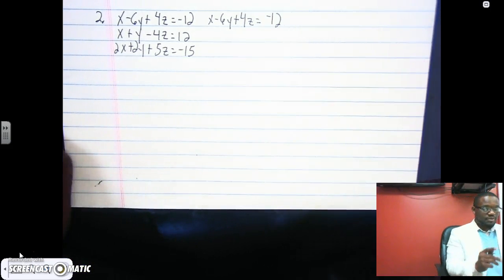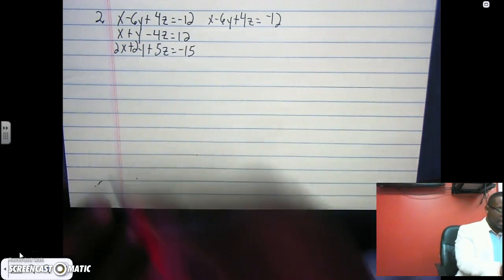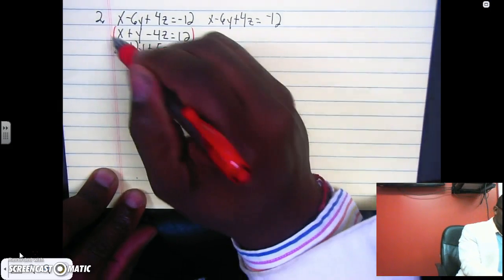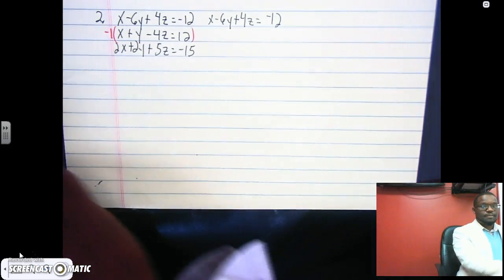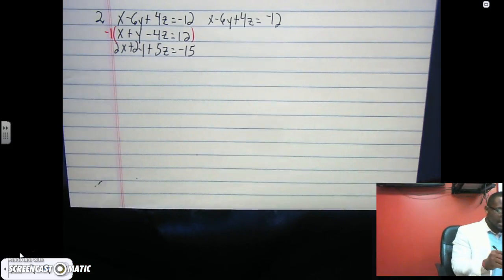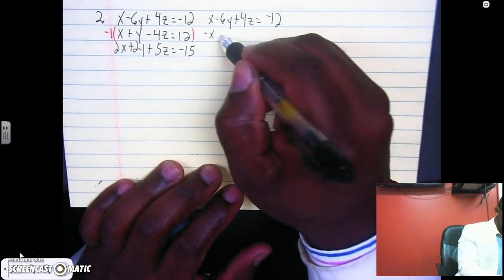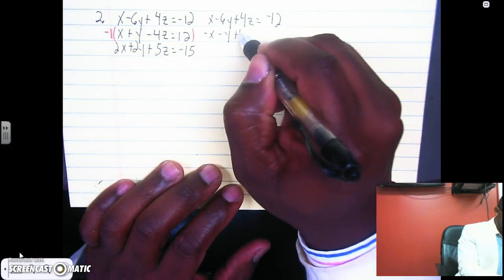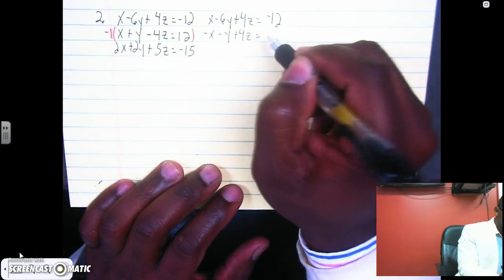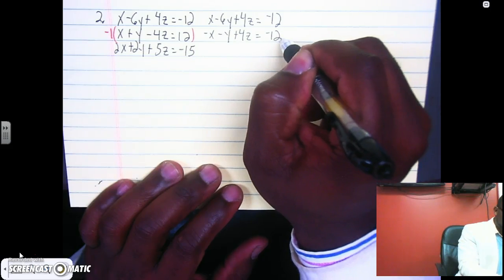Then I am going to multiply this equation by negative 1. Multiplying that equation by negative 1 gives me negative x minus y plus 4z equals negative 12.